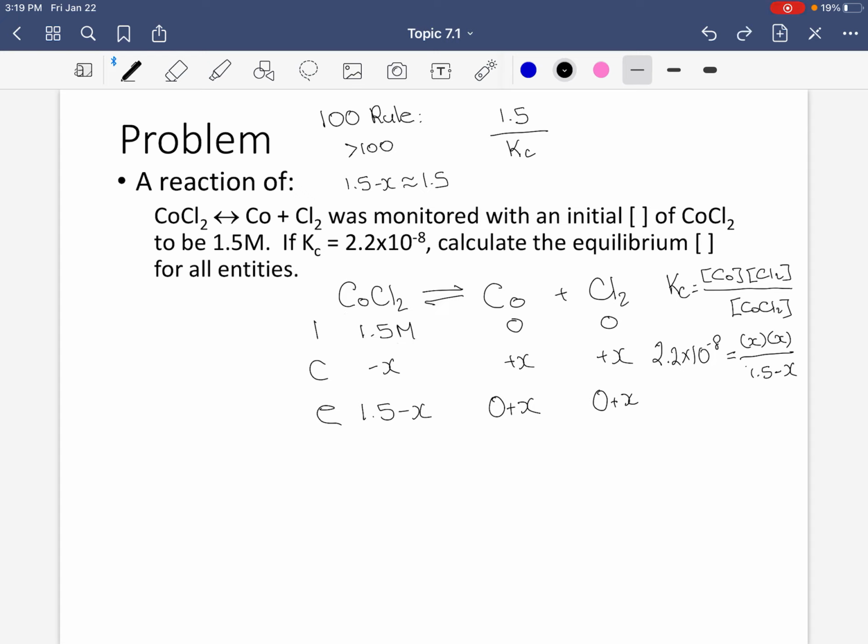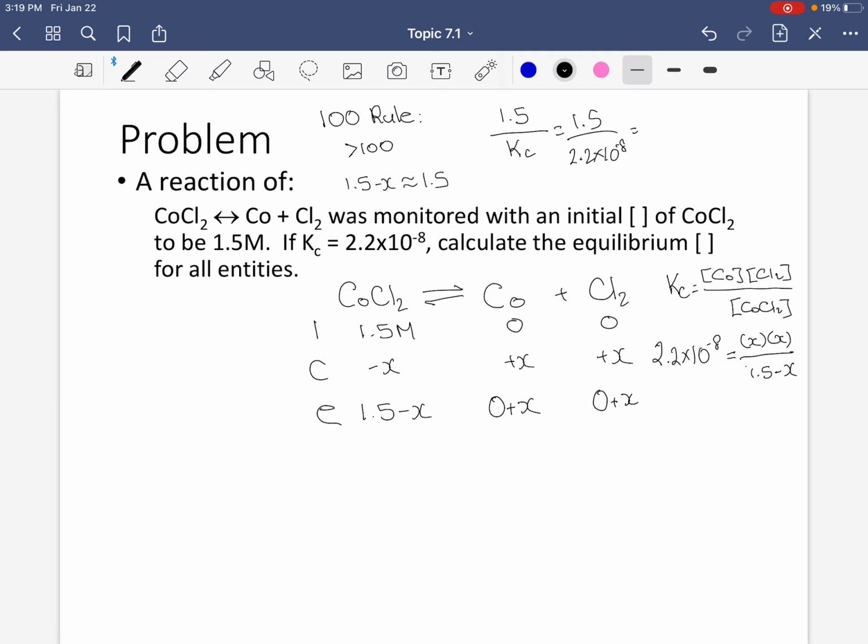You can do it for everything. If there's two reactants, you can do it for both, just to eliminate this situation. You don't want this situation. This situation is what makes it suck. All right, this is 1.5 divided by 2.2 times 10 to the power of negative 8.